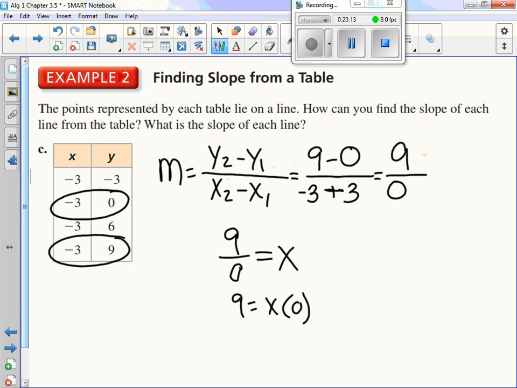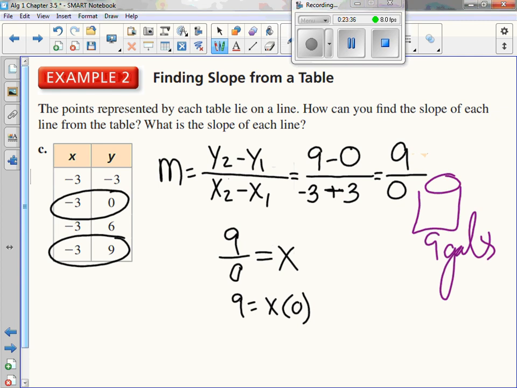No. Another way to think about this is, if this here was a hole, and I had 9 gallons to fill, and I keep pouring in 0 gallons into it, how long will it take to fill it? Well, if I keep adding nothing to it, will it ever get filled?